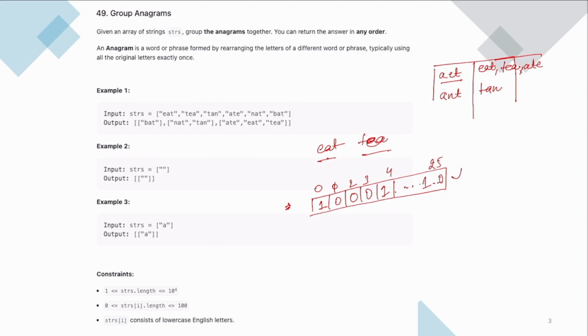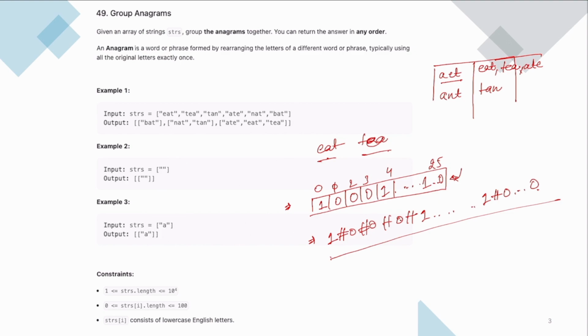So you got one array of the frequency, then you can create a string out of it. So you can take one delimiter here, so 1 hash 0 hash 0 hash 0 hash 1, following up with 1 hash 0 hash and following up with 0. So you will end up with the string, and you can use this string.